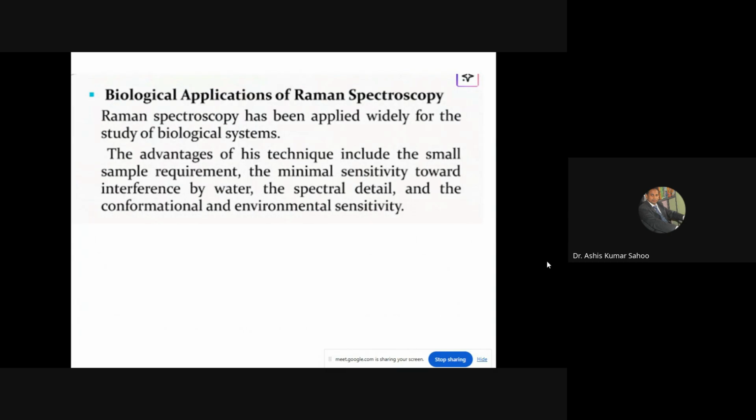The advantages of this technique include small sample requirement, minimum sensitivity towards interference by water, spatially detailed information, and conformational environment sensitivity. So the biological application of Raman spectroscopy can be used for determination of biological compounds.